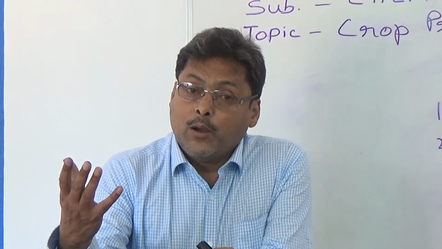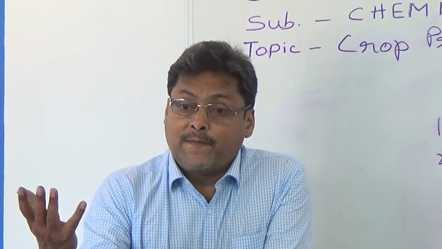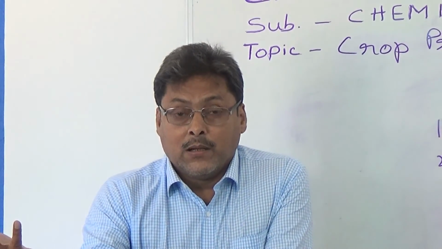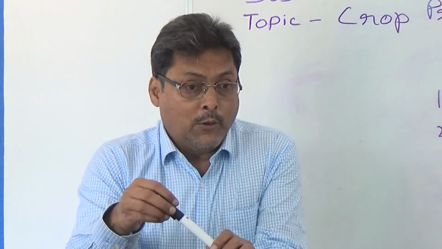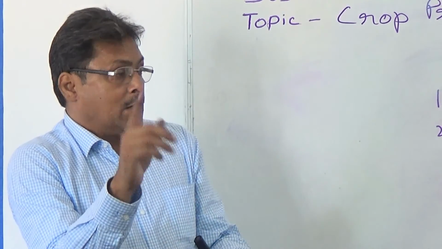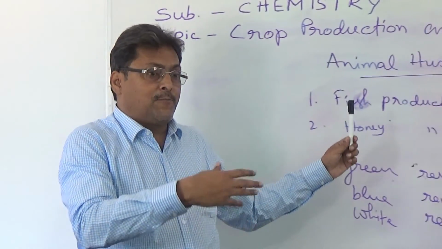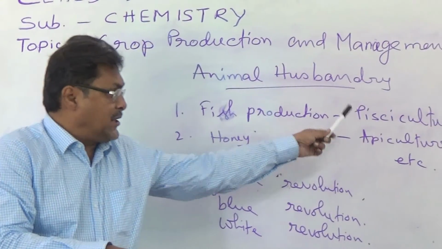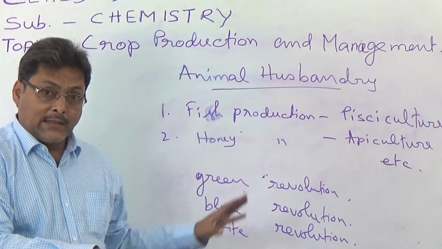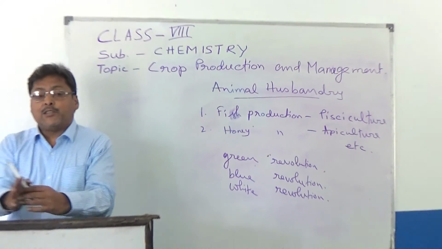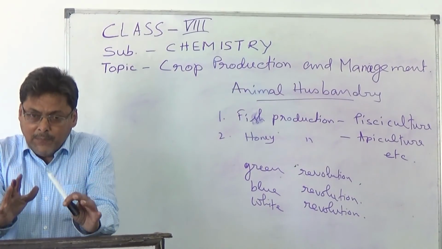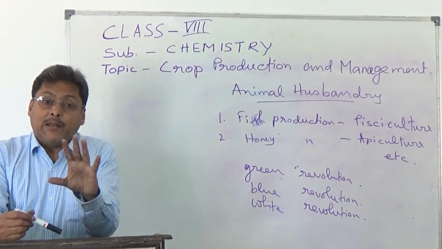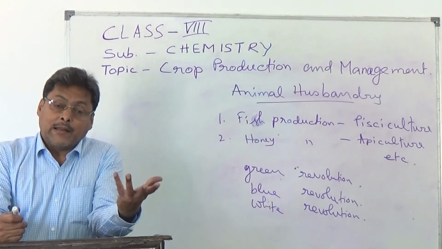So we also cultivate fish in certain conditions in ponds and rivers. We call the cultivation of fish pisciculture. In the same way, we artificially create beehives and keep honey bees in them. It is a kind of agriculture in a sense.